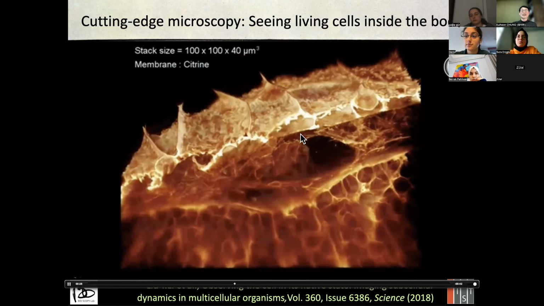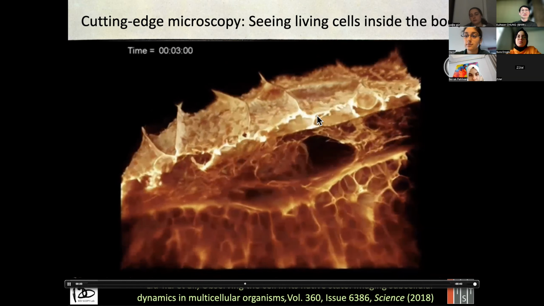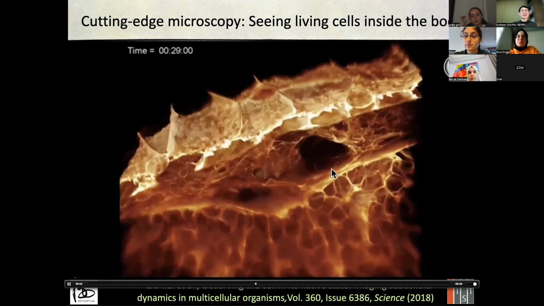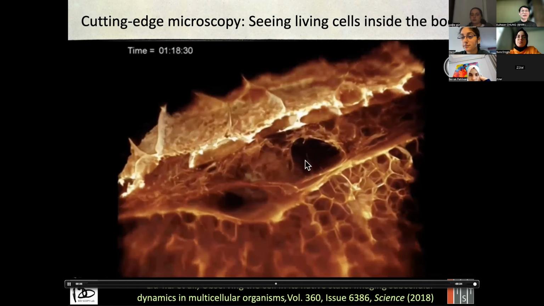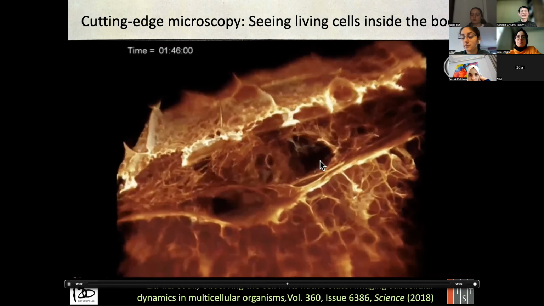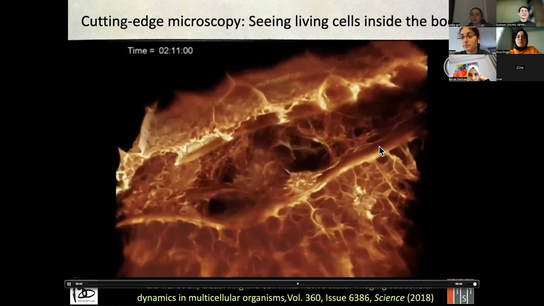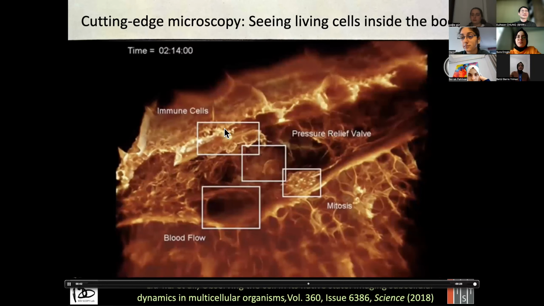You can see the resolution of the structure of the tissue. And here, you see some blobs passing by cells. Yes, the immune cells, blood flow, and even mitotic, dividing cells can be observed.